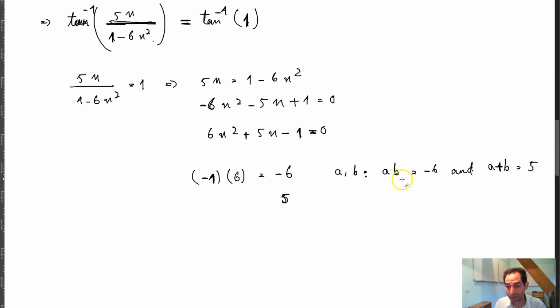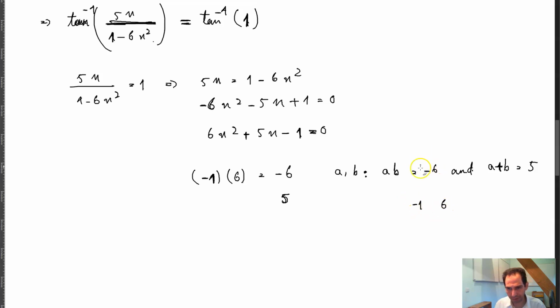So that means 2 and 3, and if I go for 1 and 6, for example, negative 1 and negative 6, no, I'm sorry, not negative 1 and negative 6, negative 1 and 6.